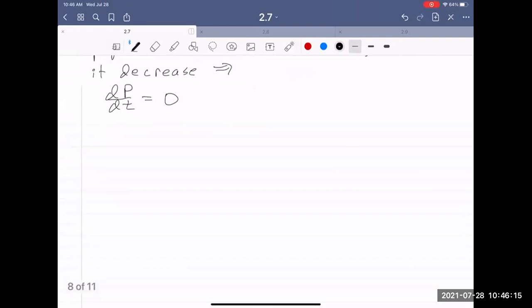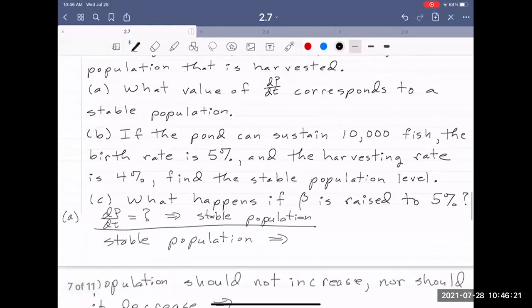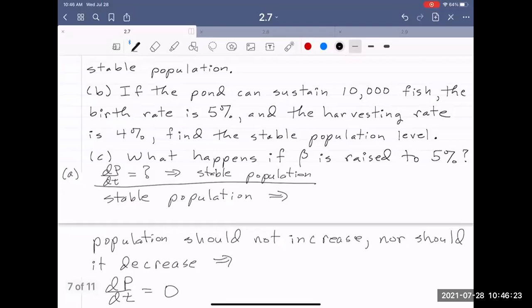Let's do part B. So for part B, we're given some population of fish, their birth rate, harvesting rate. You want to figure out the stable population level.